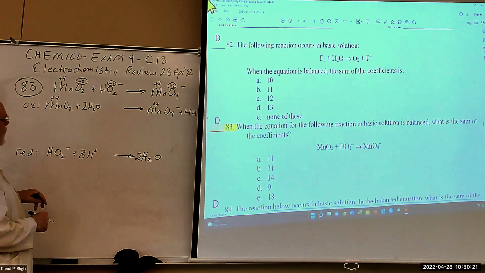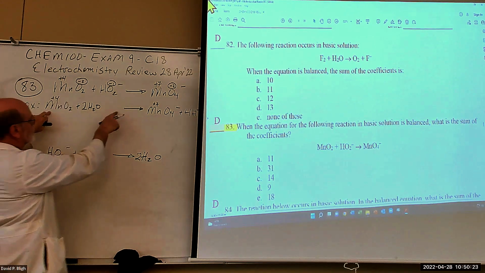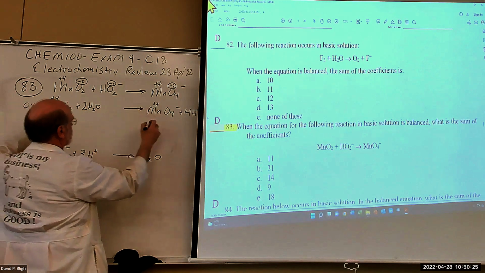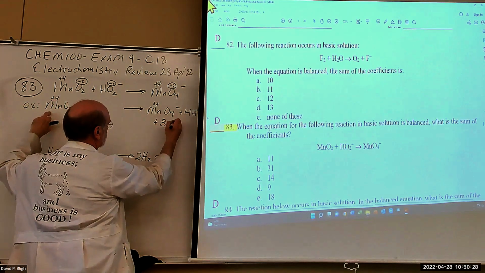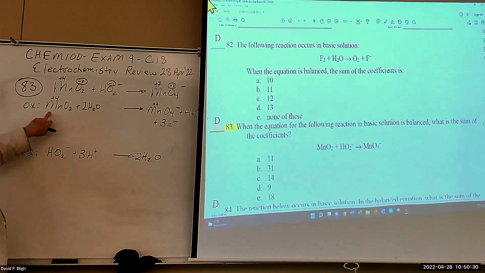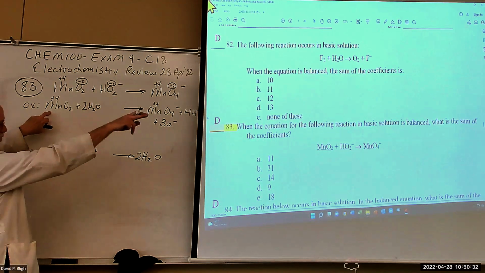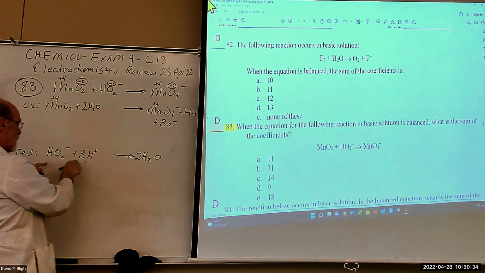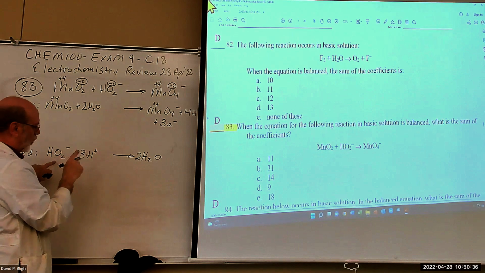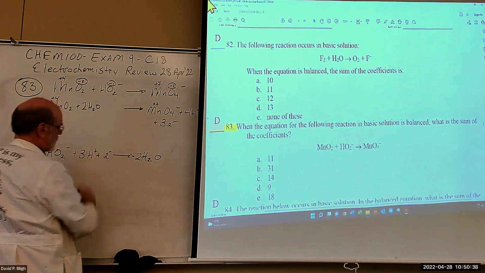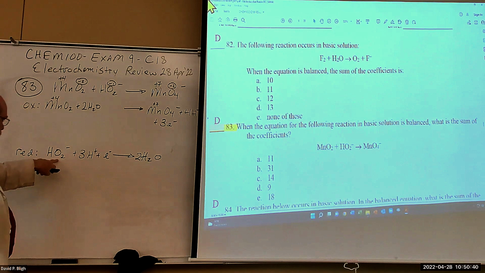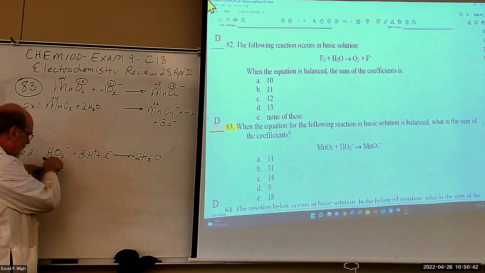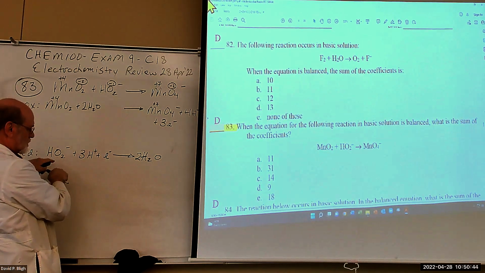Okay, now we can do the electrons. So this one is going to lose 3 electrons per manganese. Product side, we gain 1 electron per oxygen. But we got 2 oxygens, right?